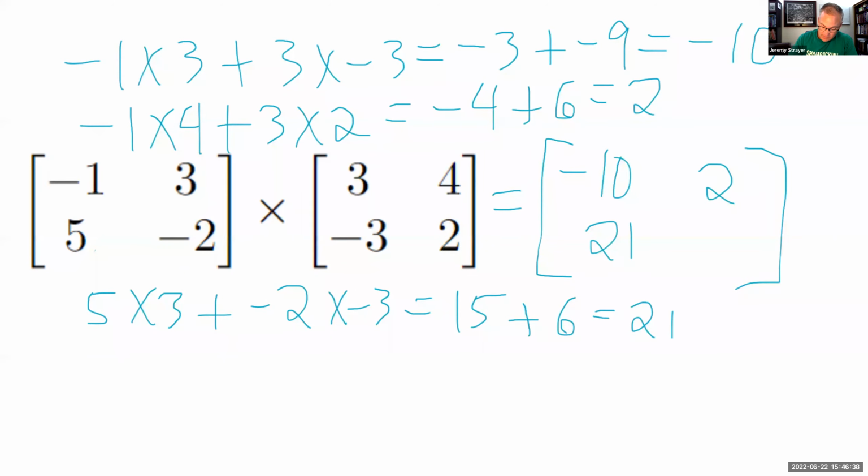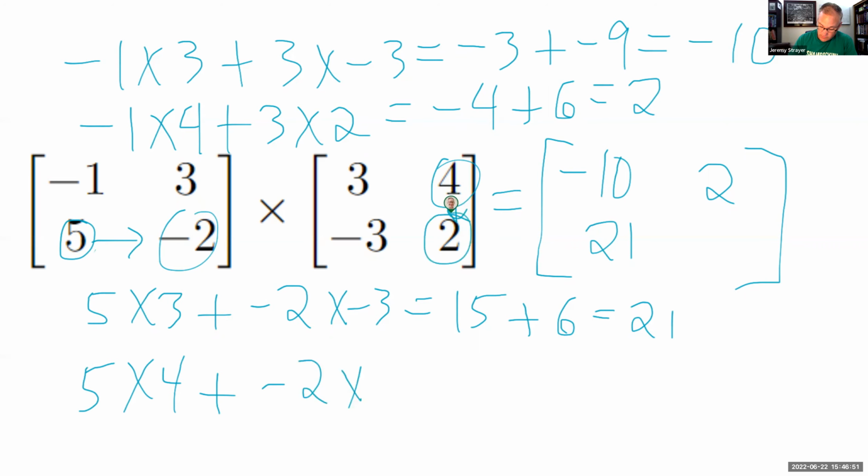So we'll have 5 times 4 plus, we'll move here, -2 times 2. That equals 20 plus -2 times 2 is a -4. So that takes us to 16. And that is our answer matrix.